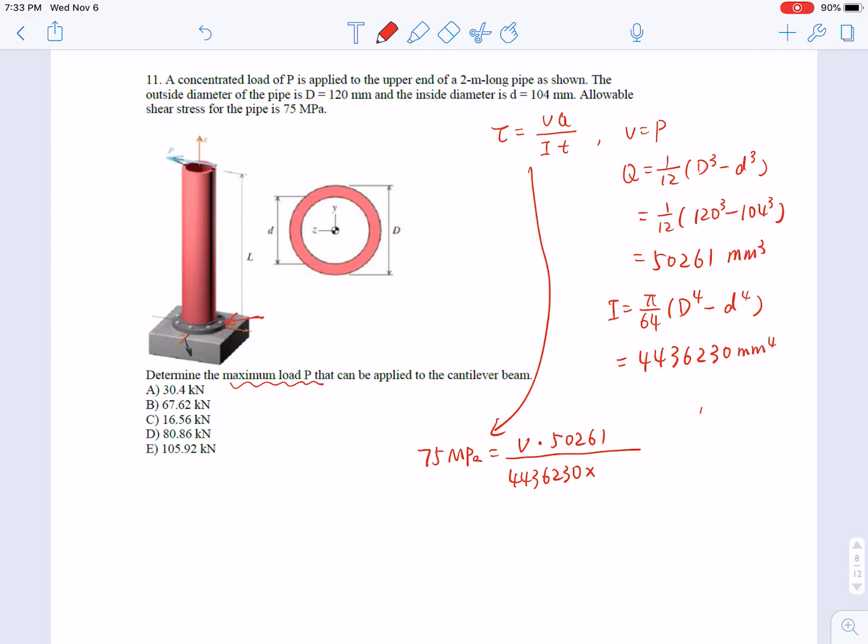The t here actually is just D minus d, it is 16 mm. So here is times 16. In this equation you have only one variable, that is V. So this V can be just solved, and it is 105.92 kilonewton.